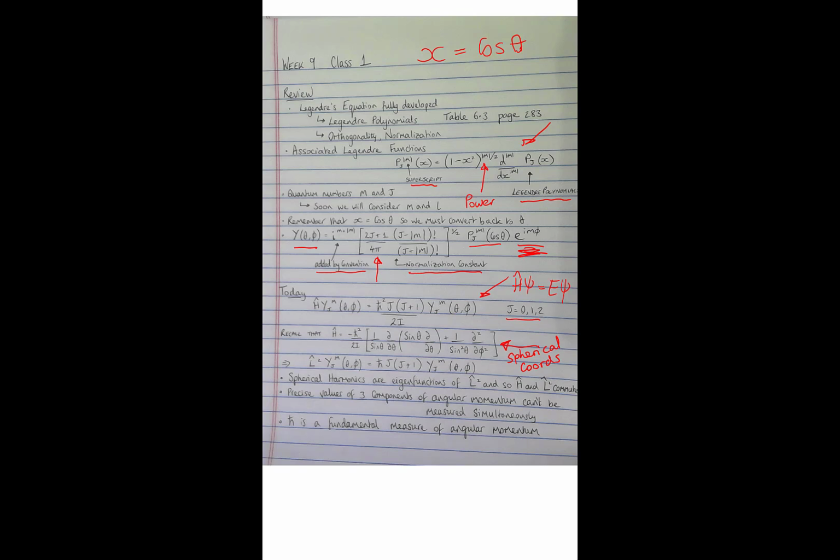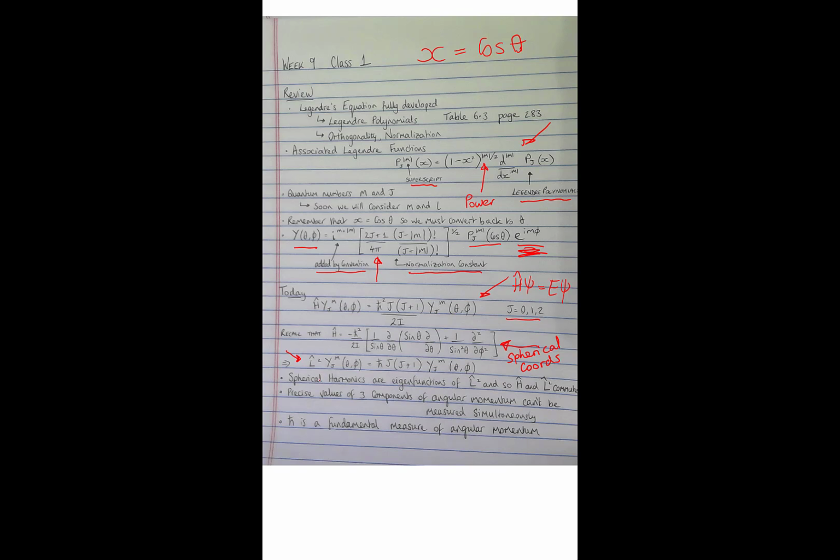And what we're going to go on to consider is, since there's a relationship between angular momentum and the moment of inertia, that when we consider the angular momentum operator squared, and that's in here, we end up with a very similar equation.